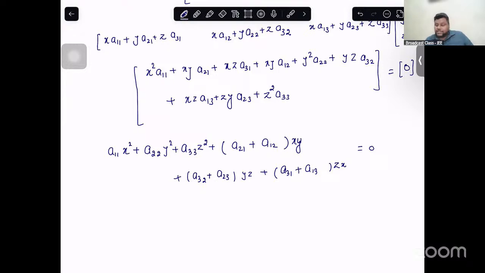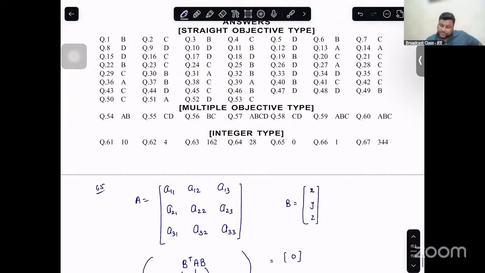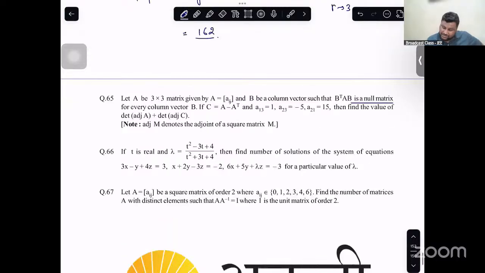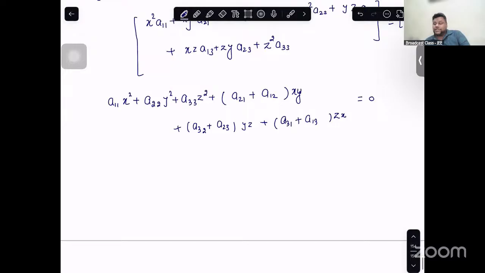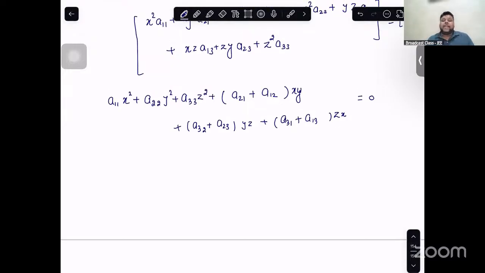Now, there is a catch in the problem. In the problem, they are saying that for every column vector B, this latest equation which I have written is valid across x, y, z. If it is valid for every x, y, z, that means it is an identity in x, y, z. If it is an identity in x, y, z, that means the coefficient of x square, y square, z square, xy, yz, zx, every coefficient should be 0.